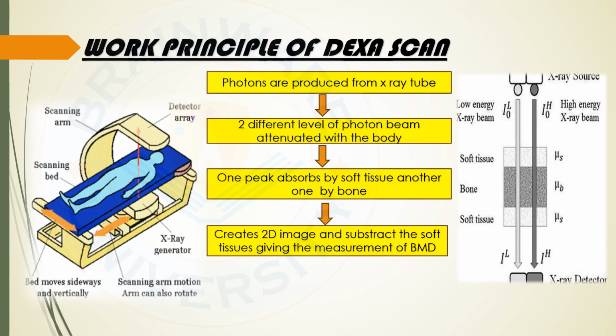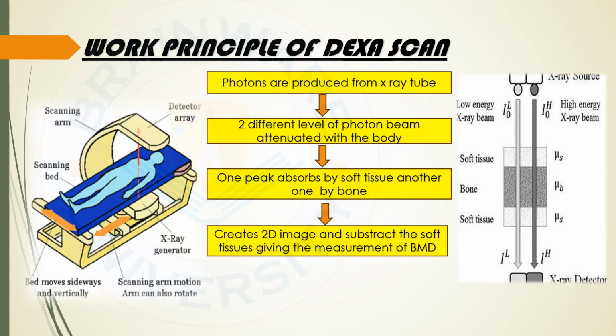Now, how does the DEXA scan work? So, before going to the working principle of the DEXA scan, you need to know about the equipment, the DEXA scan itself. So, the DEXA scan design is based on the CR principle. Like CR, in this case also the X-ray source is below the patient and the detector is above the patient.